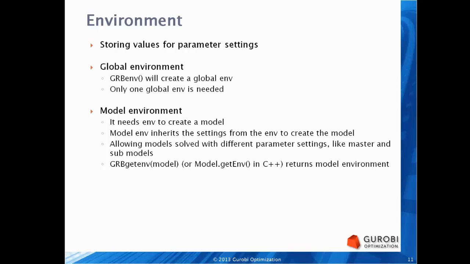Although you can call the routine more than once, it's not needed. You only need one global environment. If you call it more than once, it may have some issues with the license, for example, a single-use license. So the short conclusion: you just need one global environment.